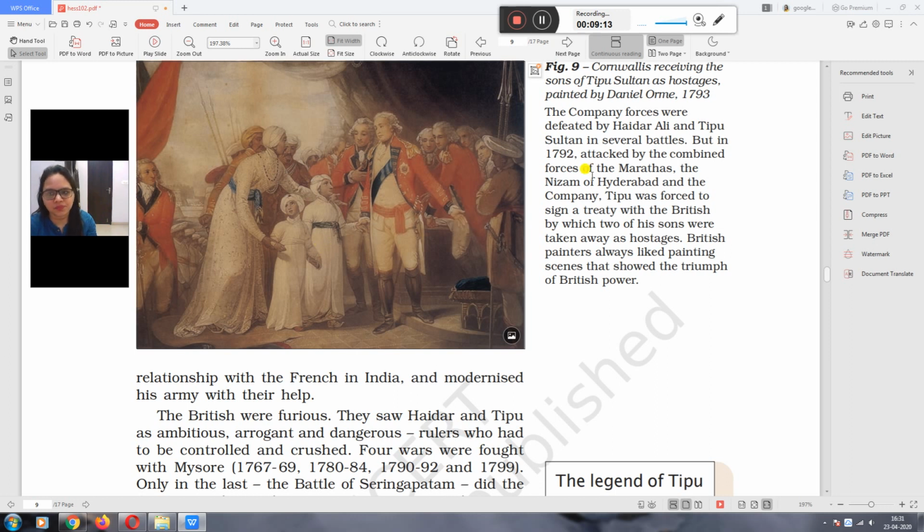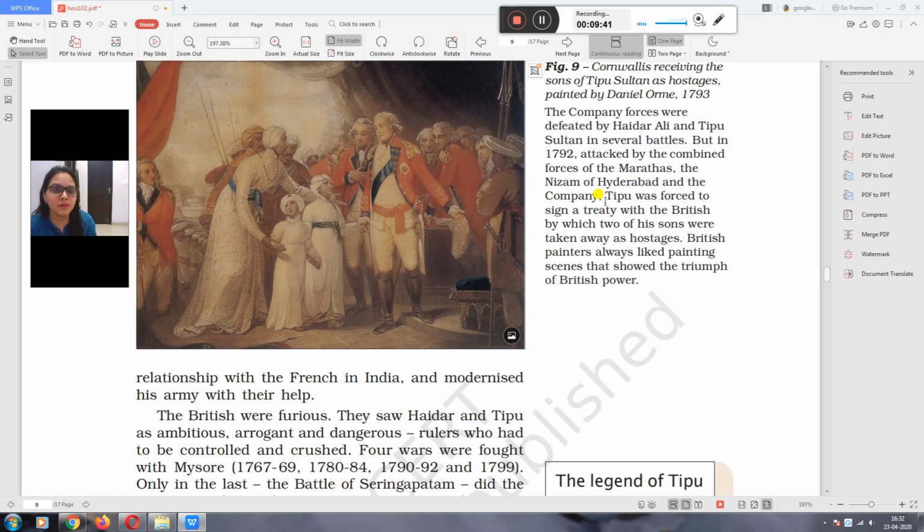The company forces were defeated by Hyder Ali and Tipu Sultan in several battles. Every time a battle was held between the British company and Hyder Ali or Tipu Sultan, Tipu Sultan won the battle. But in 1792, in the last battle, he was attacked by the combined force of the Marathas, the Nizam of Hyderabad and the company.